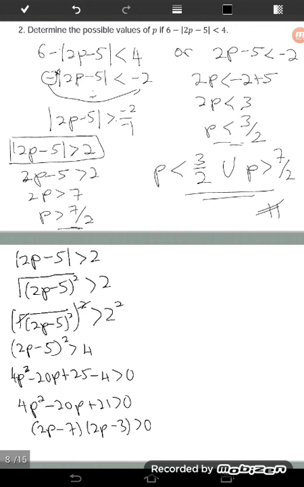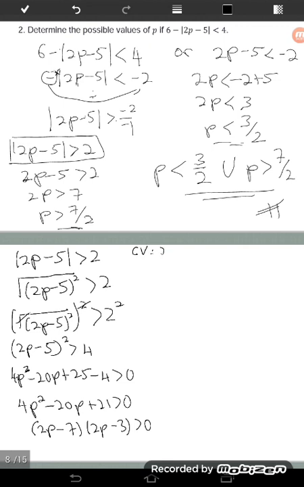So this one is a quadratic inequality, so we need to draw an interval table. Critical value first, I forgot to find the critical value.